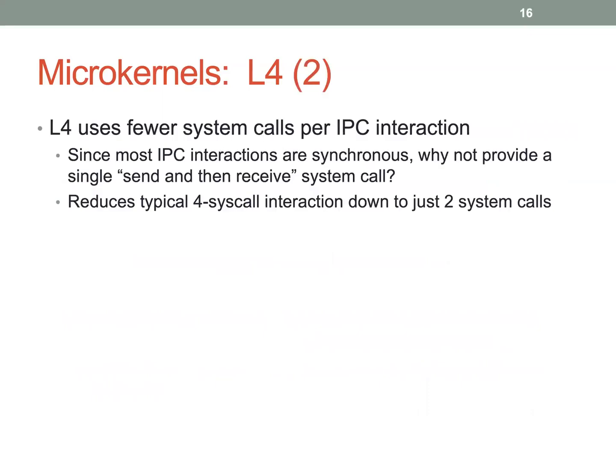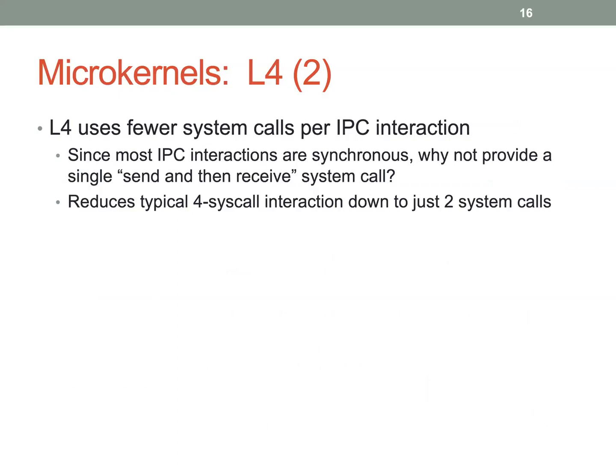Okay, so L4 basically recognizes that virtually all system calls are synchronous. So why provide an asynchronous IPC mechanism when all of our interactions are pretty much synchronous? You can think of it as, I call a function on another process or on the OS, and the function returns, and then I can proceed.